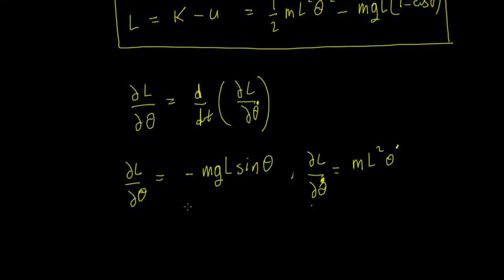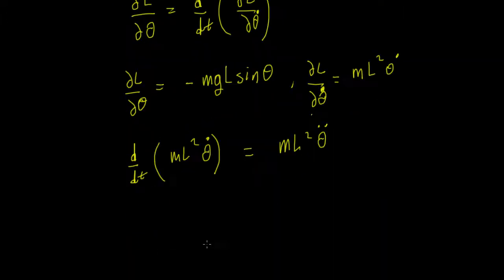Now for the second part, I've got to differentiate that again with respect to time. So d by dt of m L squared theta dot. The only thing that is a function of time here is theta, so you're simply left with m L squared theta double dot.